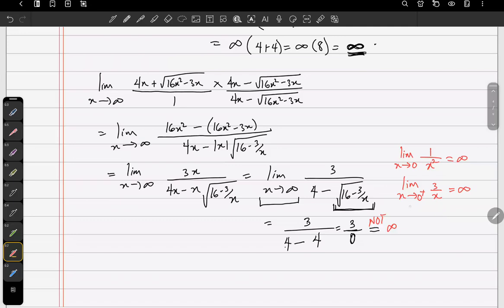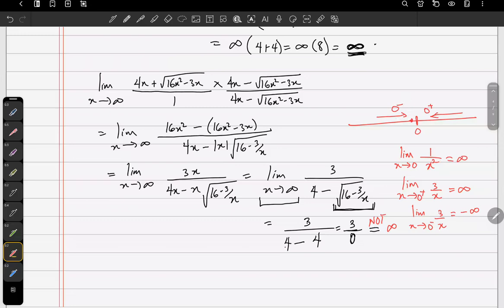So again, the limit as x approaches 0 from the left of 3 over x is going to be negative infinity. Which means as x is becoming closer and closer, this is the number line, this is 0. As we are approaching 0 from the right, this is 0 plus, and as we are approaching 0 from the left, this is 0 minus.